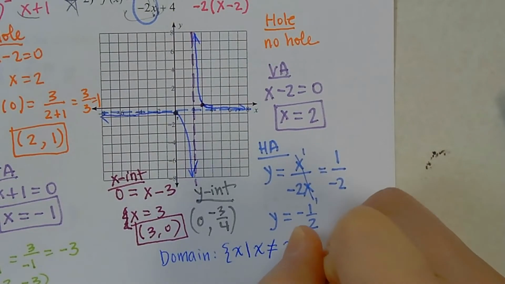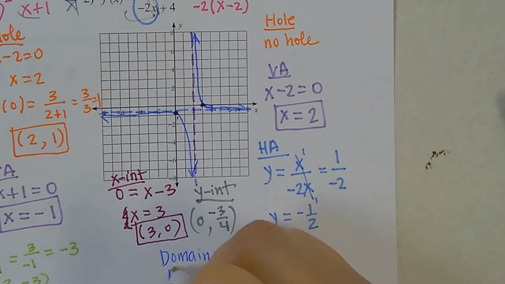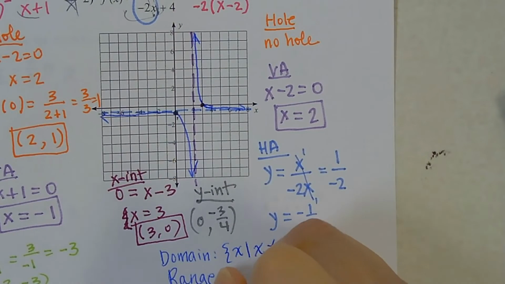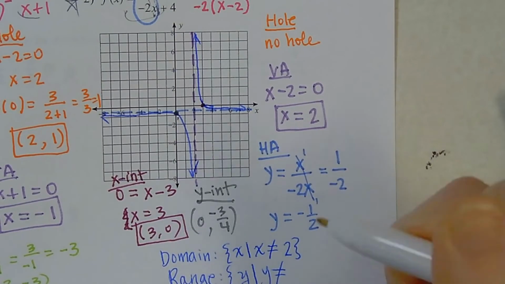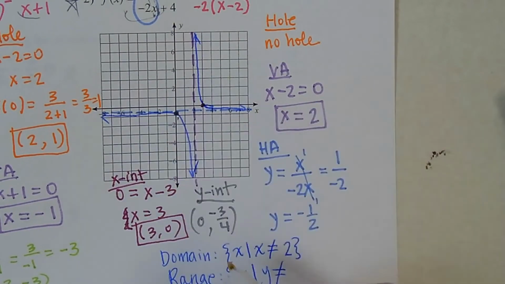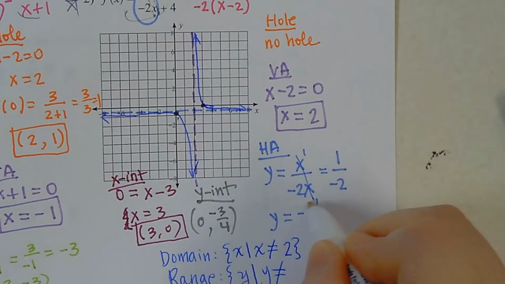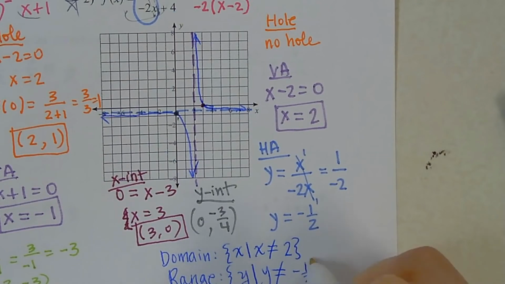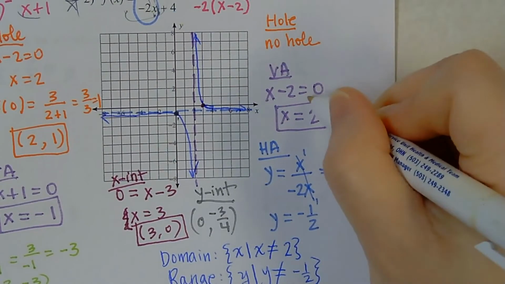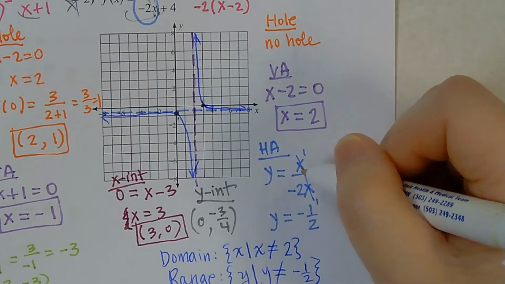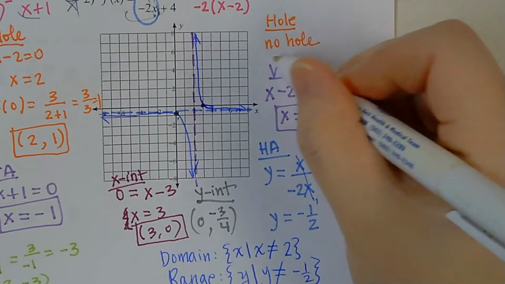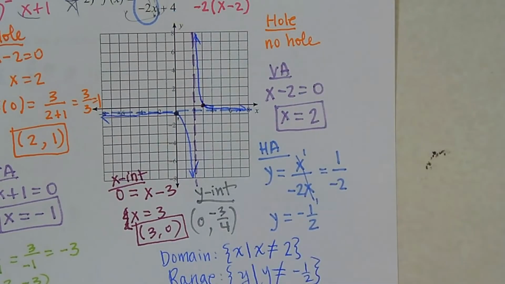That's our vertical asymptote right there. Here we go, and our range is going to be for all y such that y does not equal, remember that negative 1/2, which was right here. So you would check your VA and your HA, your vertical asymptote and your horizontal asymptote, as well as the hole for those restrictions right there.